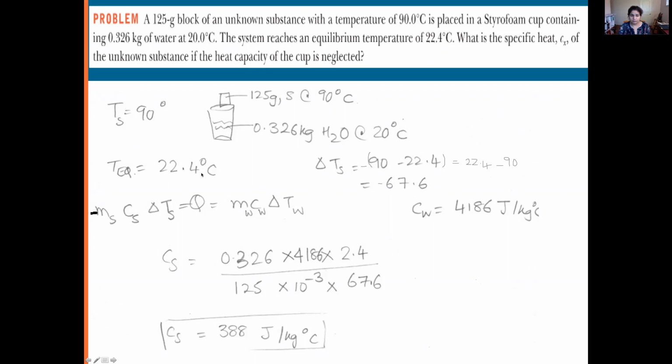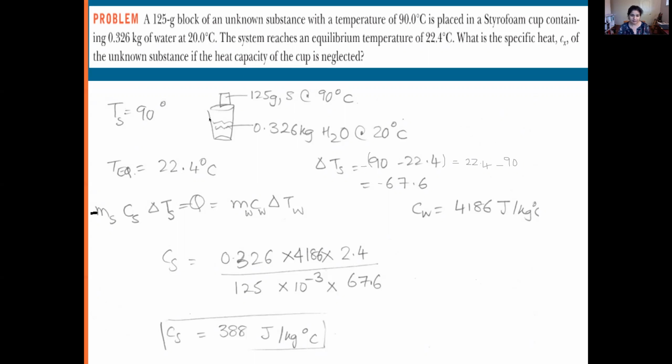It is going to be 2.4 degrees positive, yeah? We can see that. And then, what's the question? What is the specific heat, Cx, of this unknown substance if the heat capacity of the cup is neglected? So effectively, the cup is acting like a calorimeter, right? It's just a container where you can have the interaction between just the two substances inside it, and the cup itself does not get warmed up.